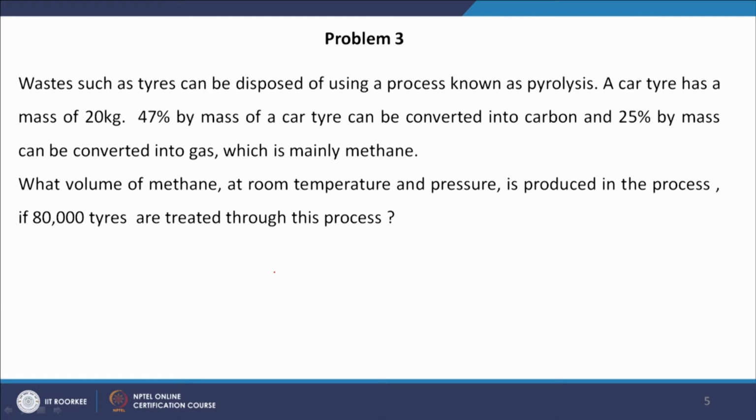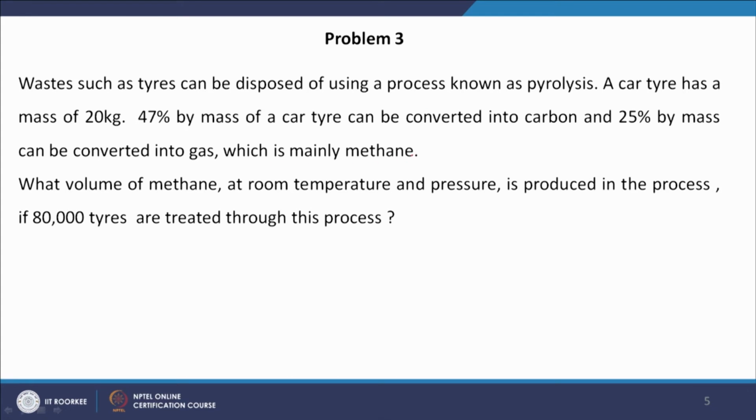Now, problem number 3. The statement is: wastes such as tires can be disposed of using a process known as pyrolysis. A car tire has a mass of 20 kg; 47% by mass of a car tire can be converted into carbon and 25% by mass can be converted into gas, which is mainly methane.